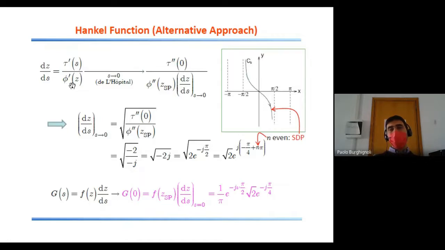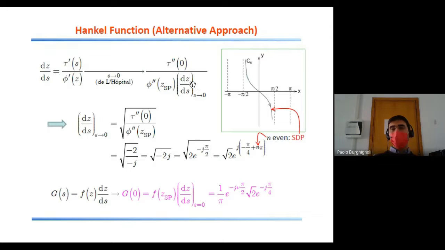We first differentiate with respect to z, so we get the second derivative of phi with respect to z, but keep in mind that now z is an implicit function of s, so we must include also the derivative of z with respect to s and evaluate it at the origin. So what you find is that if you evaluate these at the origin, what you have on the left-hand side is also present on the right-hand side in the denominator.